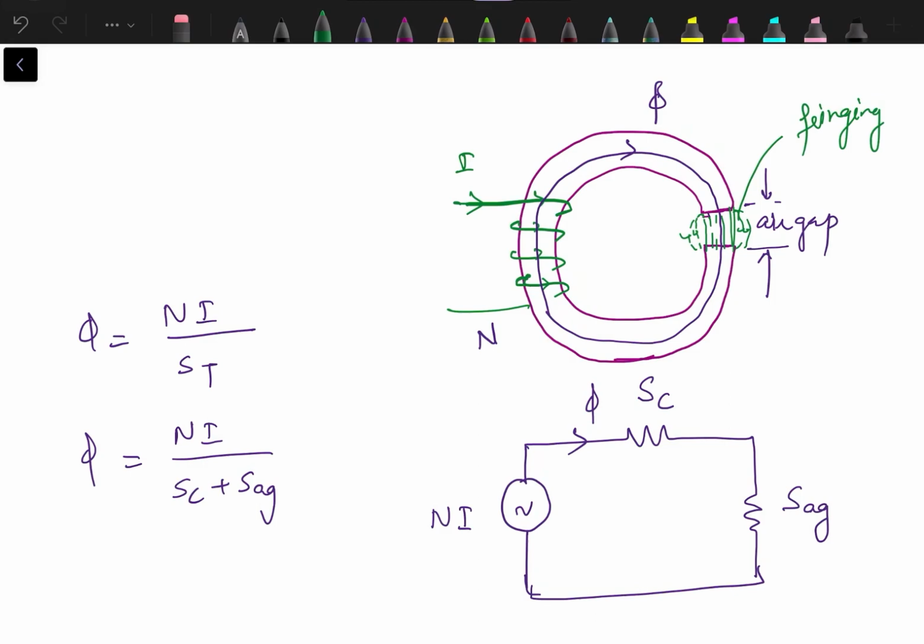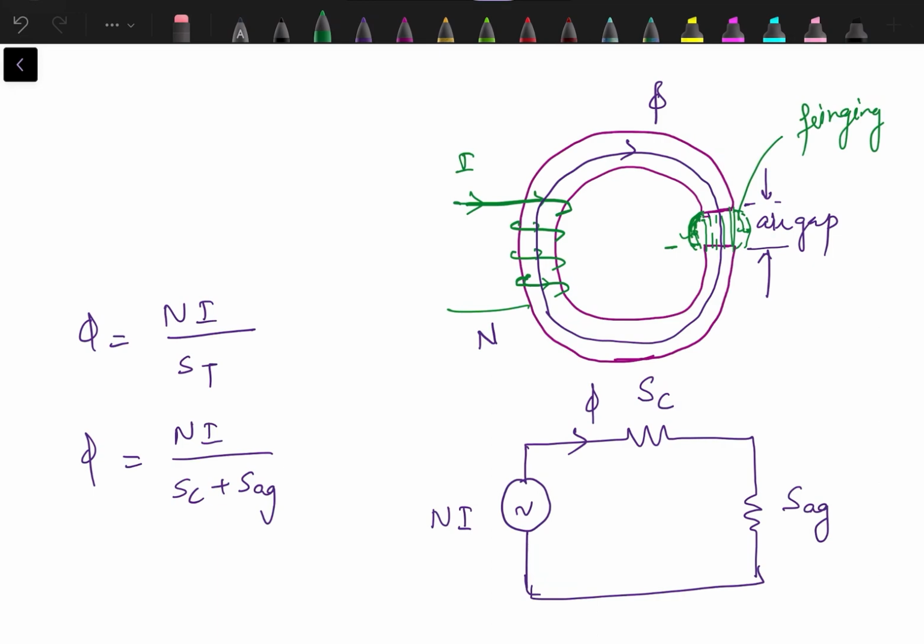If fringing is taking place, meaning flux is bulging out, then the effective area is increased, so that will decrease the flux density in the air gap. And usually in magnetic circuits, this air gap is so small that fringing can be neglected.